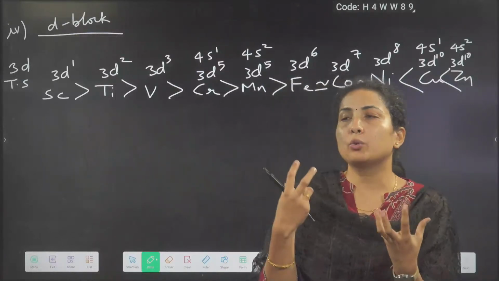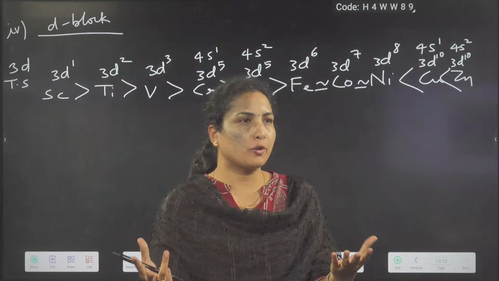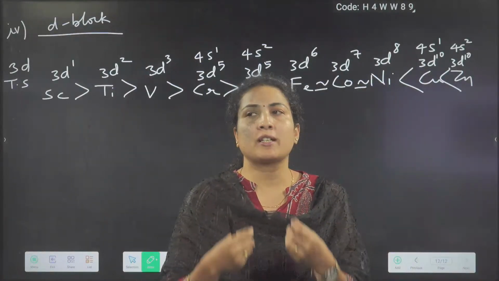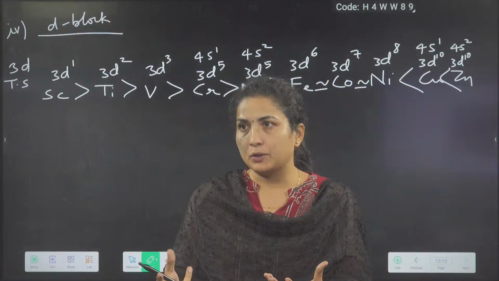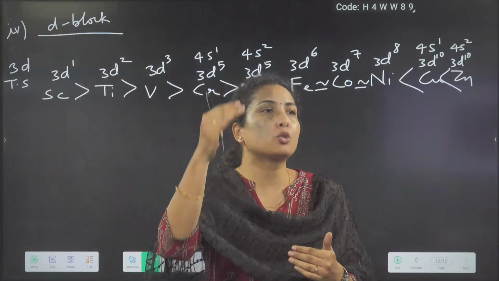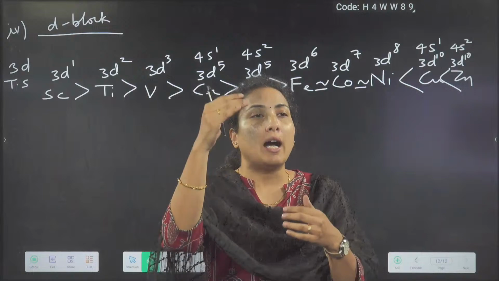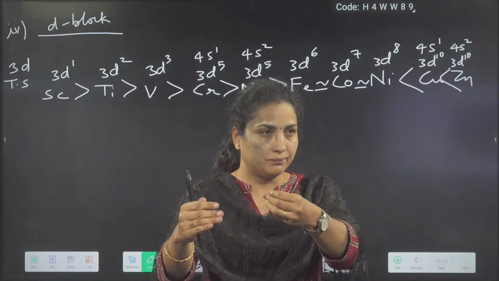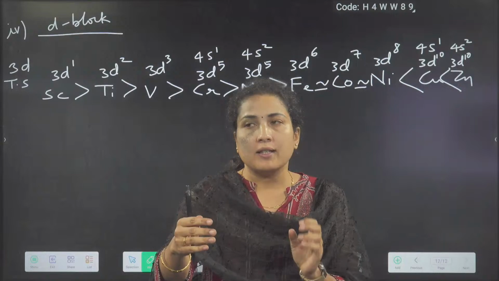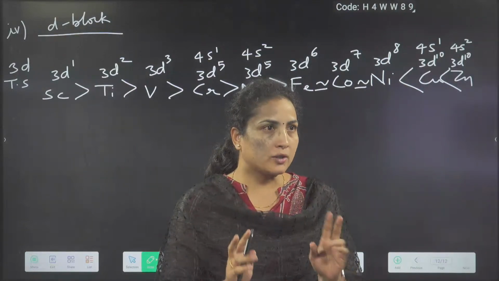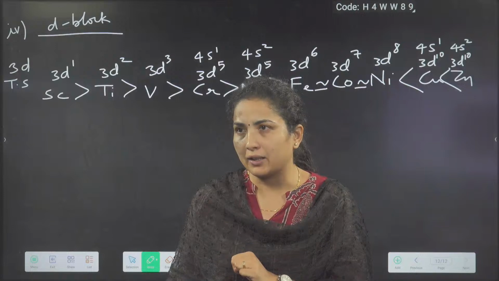Now you just try to relate with force of attraction and force of repulsion. I am talking with reference to the outermost shell electron. It feels the nuclear force of attraction from the nucleus, and it feels the repulsion from the inner electrons. These are the two forces which are acting.